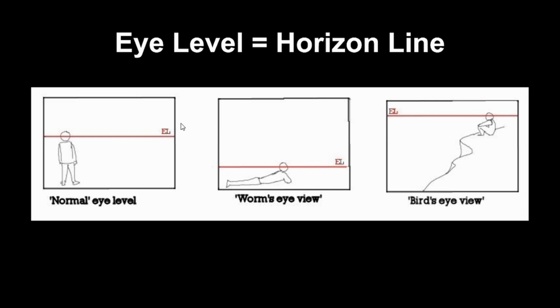If you squat down, it's going to go down a little bit. If you're lying on the floor, you're going to be at a worm's eye view, closer to the ground, and the eye level will be farther down your page. Or if you're sitting on top of something, your eye level might be bird's eye view and closer to the top of the page. So this is really important to understand where that horizon line, where that eye level is going to be when we're figuring out how we're going to draw stuff.